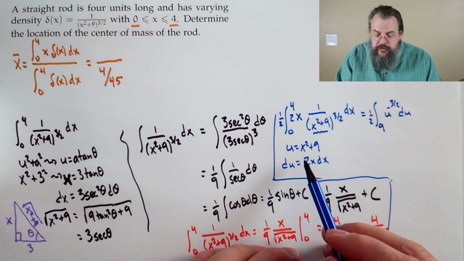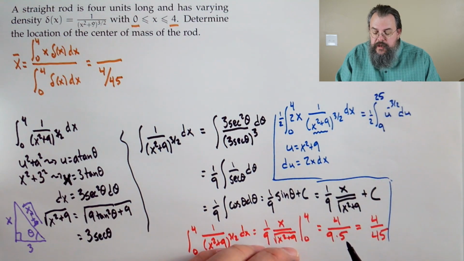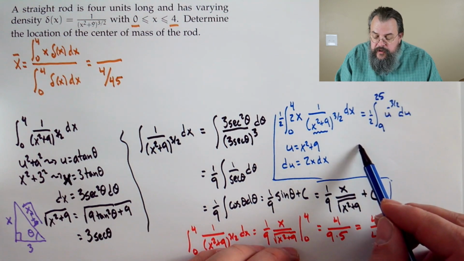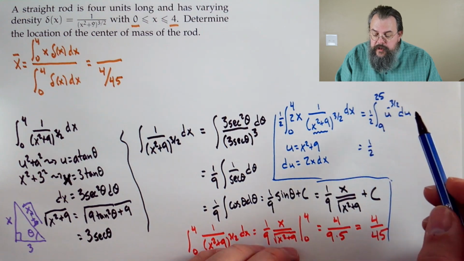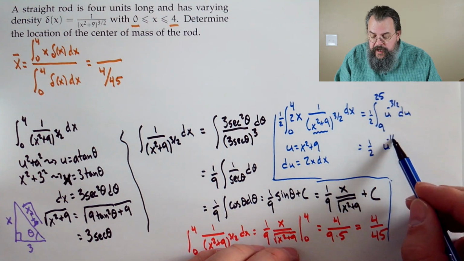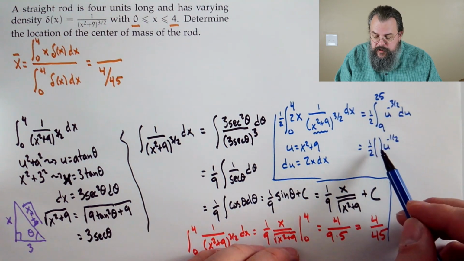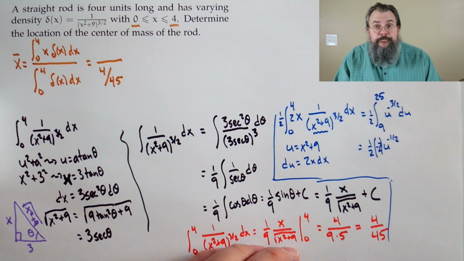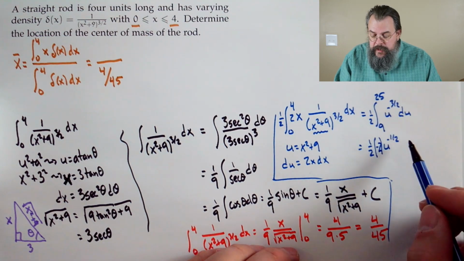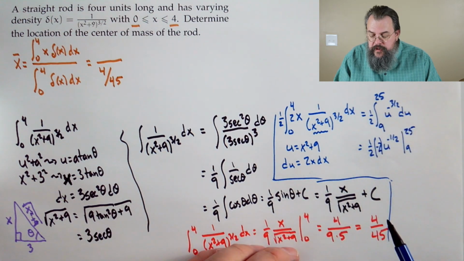Plug in 4: 4 squared plus 9 is 25. Now, let's integrate. So, 1/2. If we add 1 to the exponent, we'll get negative 1/2. And then we have to divide by negative 1/2, which is the same as multiplying by minus 2, and evaluate that from 9 to 25.